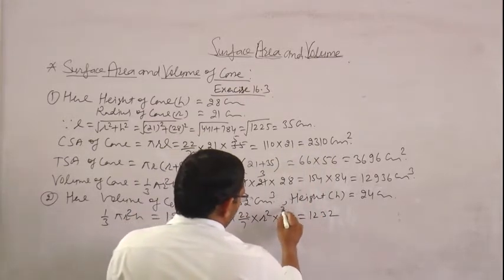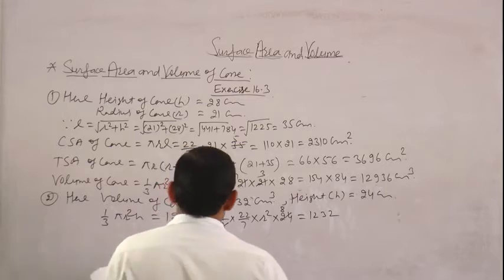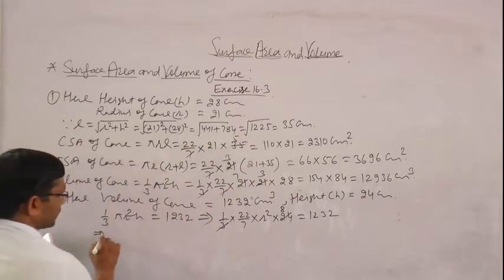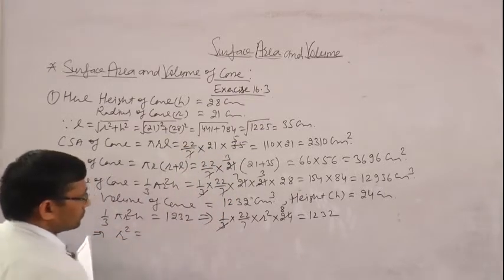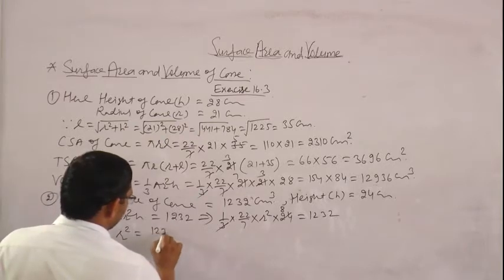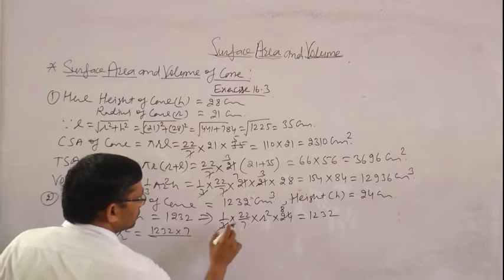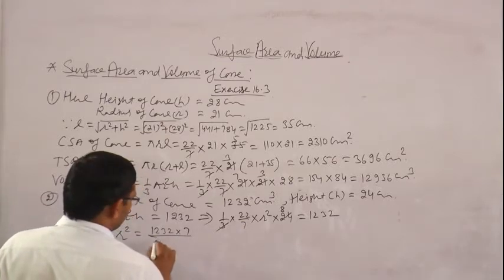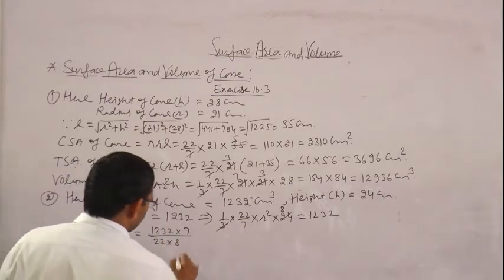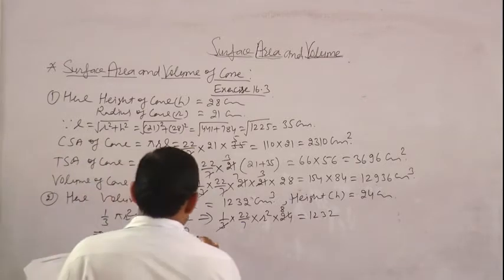3 8s are 24. There implies r square is equal to 1232 multiply 7 upon 22 into 8.